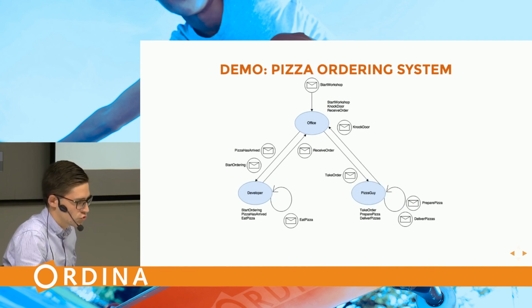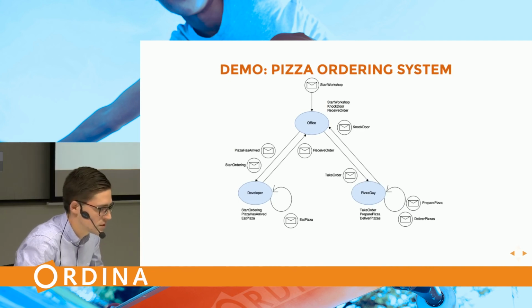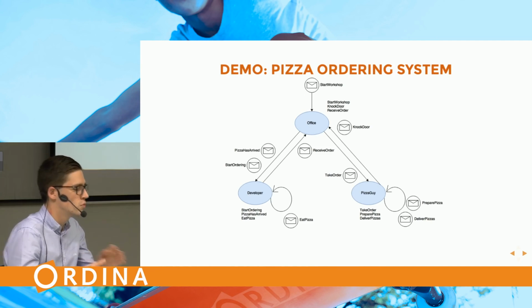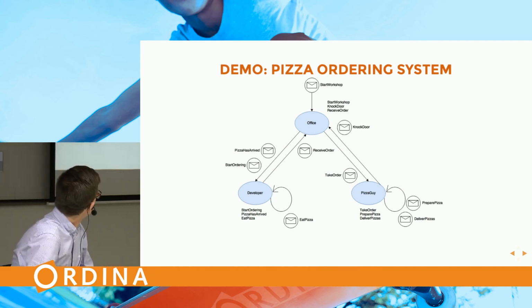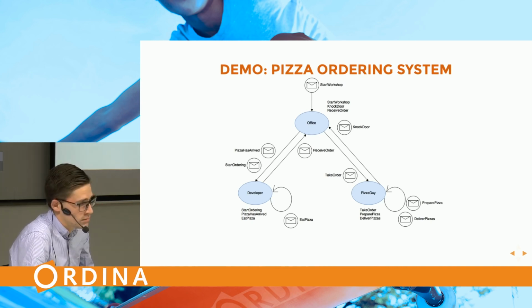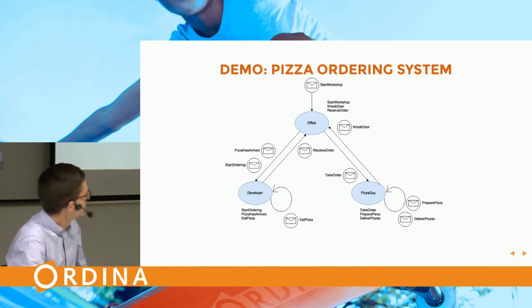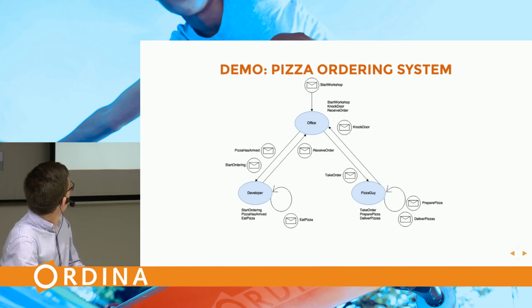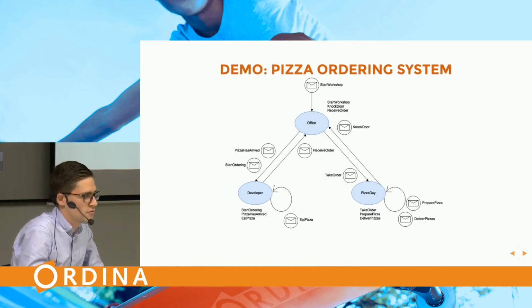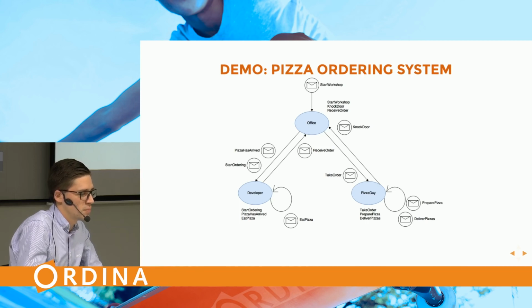And just to conclude this presentation, I also created a more complex example of three different types of actors: meet the pizza ordering actor system. What we have right here is three actors: an office actor, a developer actor, and a pizza guy actor.